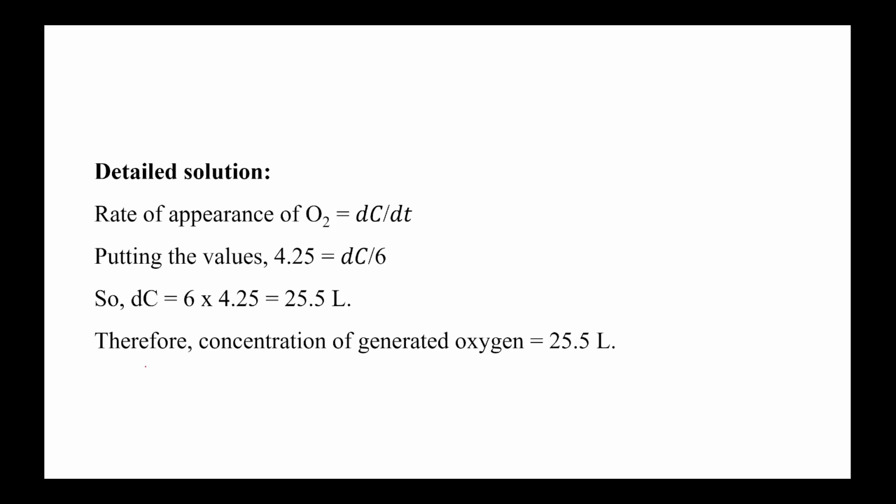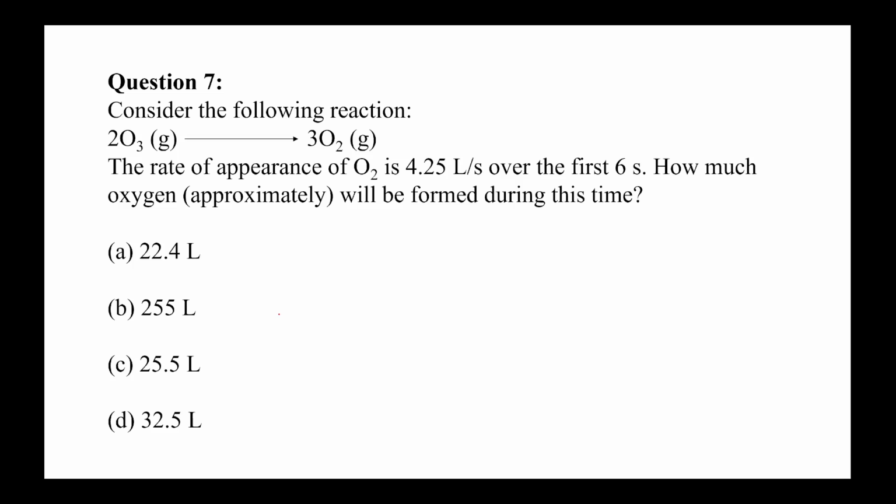So the rate of appearance of O2 will be equal to dC by dt, and dC, that is the change in concentration of O2, that is the concentration of generated O2. So just multiply the rate with the time and you will get the amount of oxygen formed during this time in liters. Okay, so the answer is 25.5 liters. So 4.25 multiplied by 6 seconds.